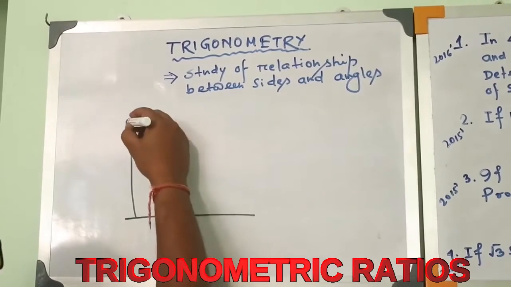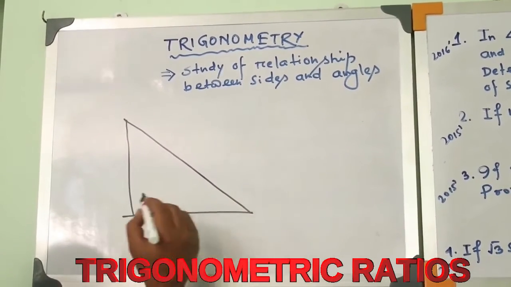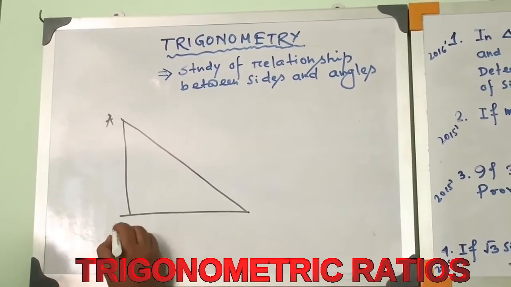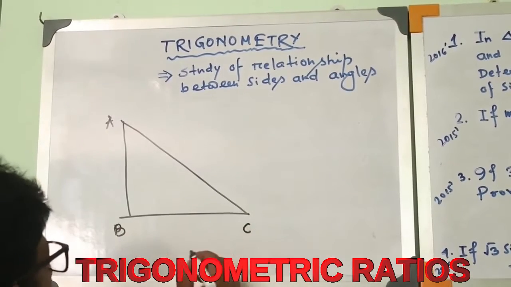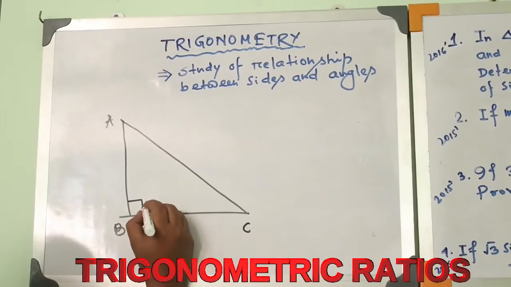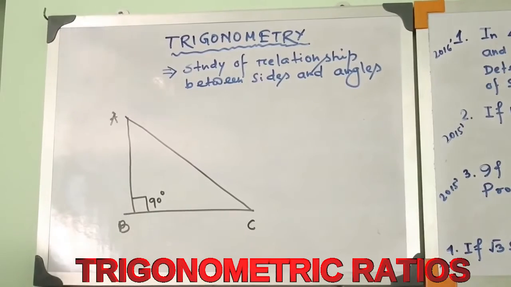So this is a right angle triangle. ABC is the right angle triangle. B is the 90-degree angle.